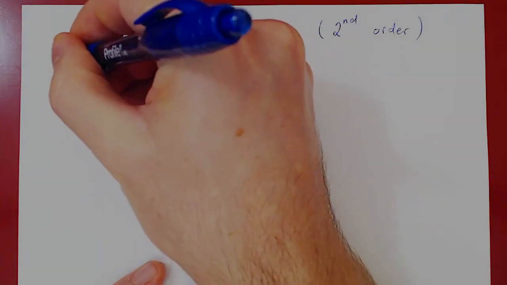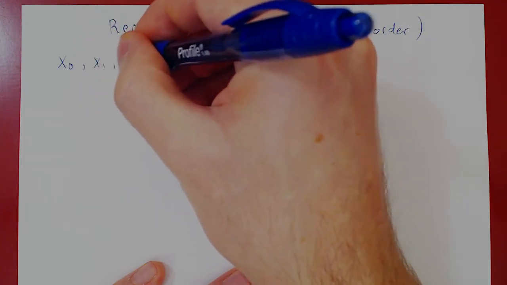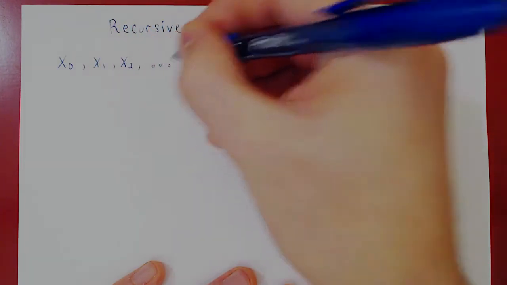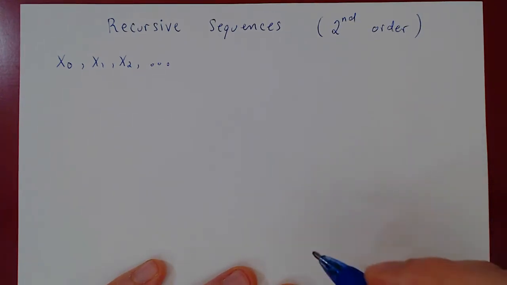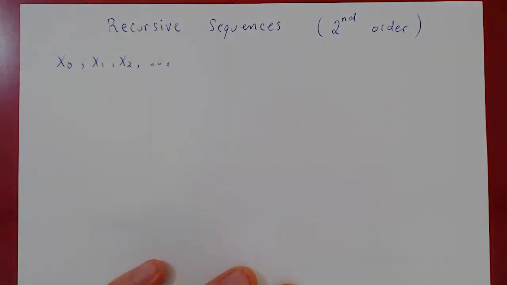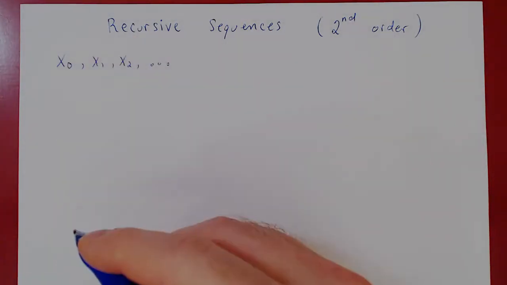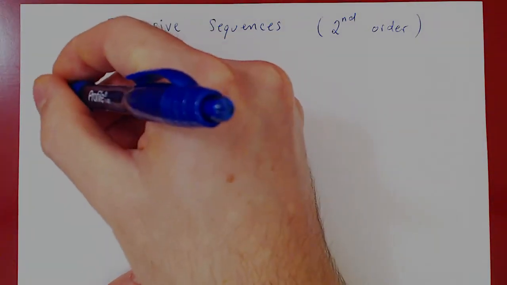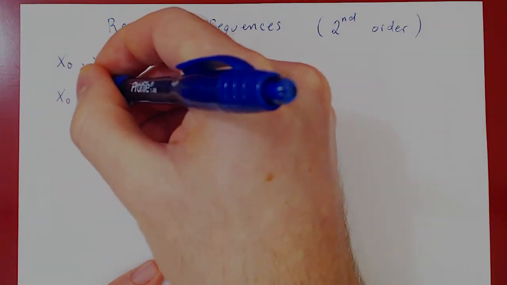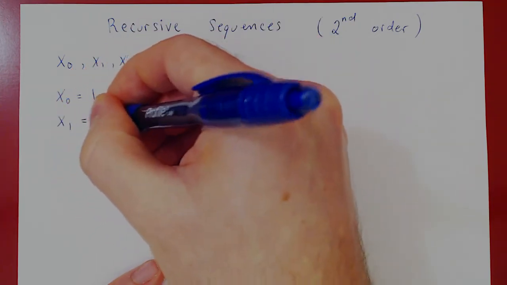So x0 is the first value of our sequence, then x1, then x2, and so forth. And here's the recursion. We're given two initial values. Suppose that x0 is equal to 1 and x1 is equal to 2.